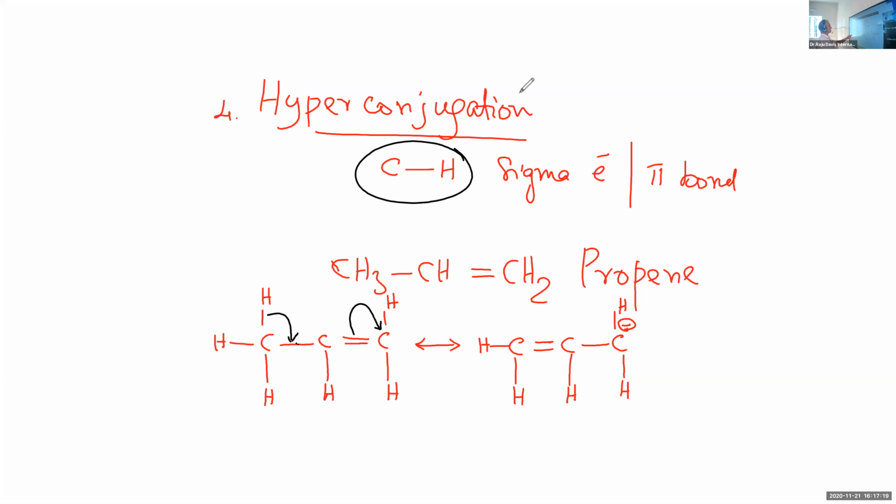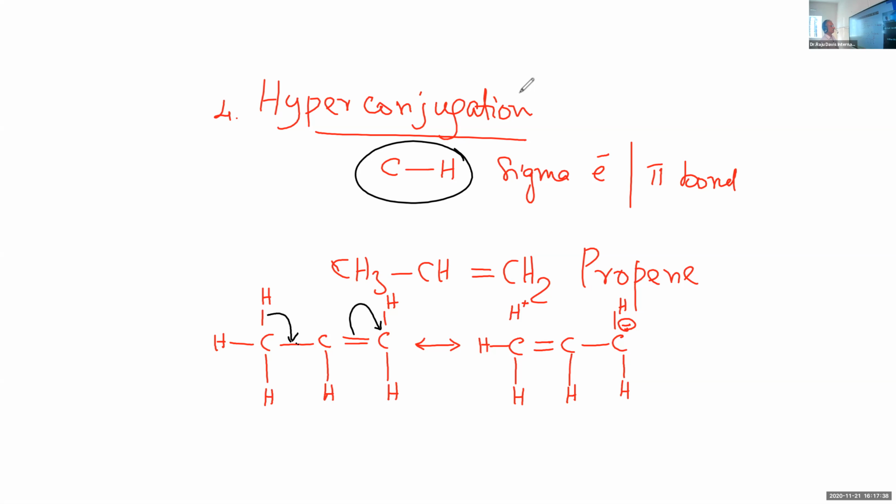So what happens to the hydrogen atom? From the hydrogen atom, the electron is removed. The electron is lost from the hydrogen atom, and so the hydrogen atom remains as an H plus ion here.